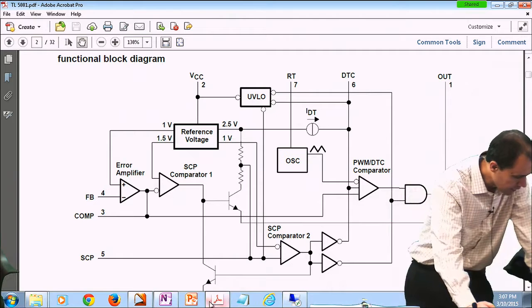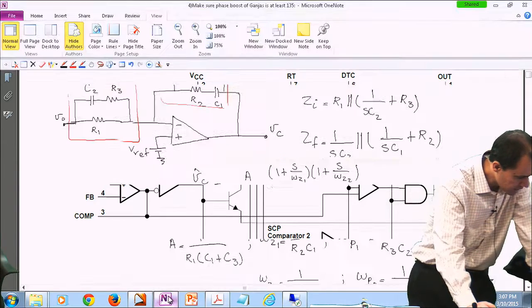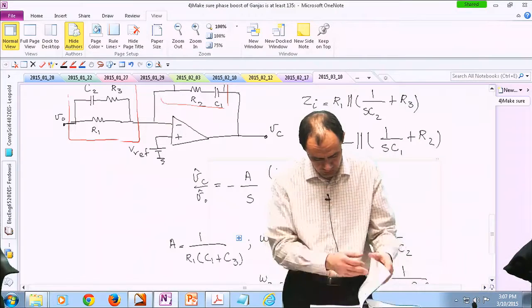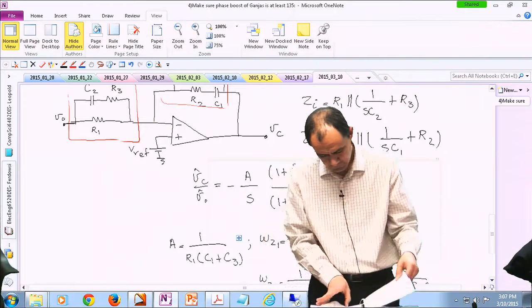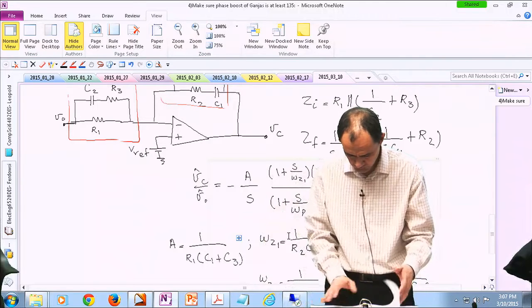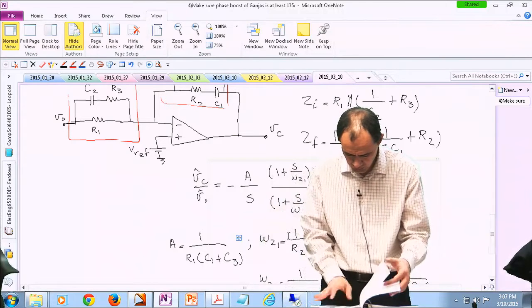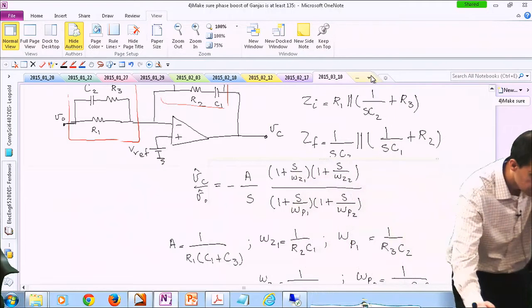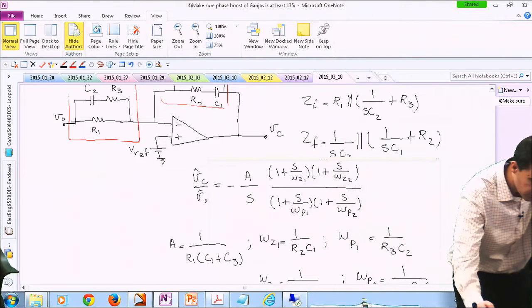All right. Since there are no questions, let's move on to a new topic. The new topic is current mode control. Okay, so what do we mean by current mode control? Okay, we are here.